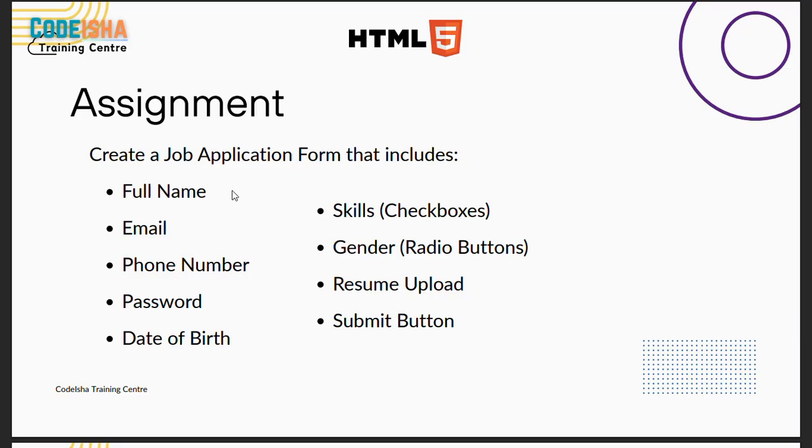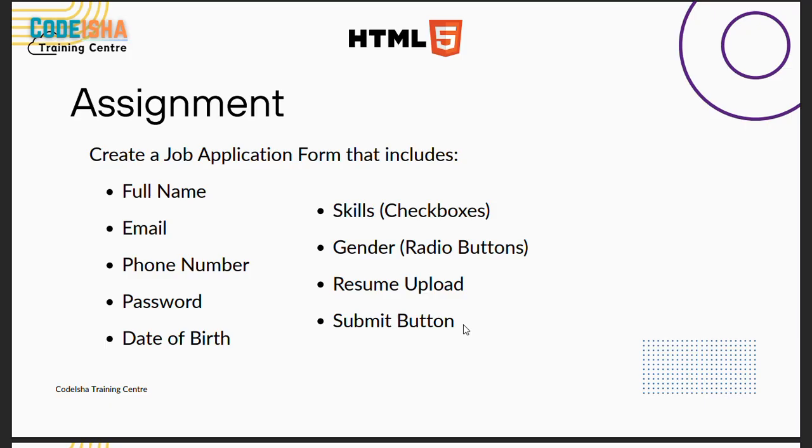For full name, text input type, and for email, the email input type. For the number, tel, and for the password, the password input type, and for the date we need to add the date input type. The skills are checkboxes, the gender is radio buttons, and for resume upload, the file type, and the final one is a submit button.